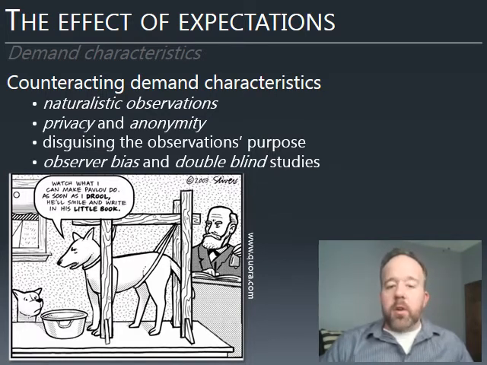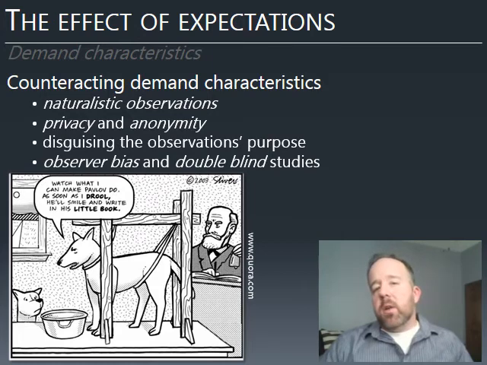Also, if you're directly observing a participant, you can often give off subtle cues. So you might smile when the person does something that confirms your hypothesis, or you might nod, or you might encourage them in some way. And then again, this could be totally unconscious. So one of the ways to counteract this is through double-blind studies.